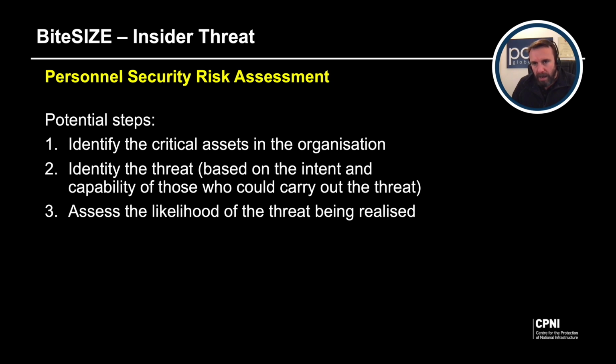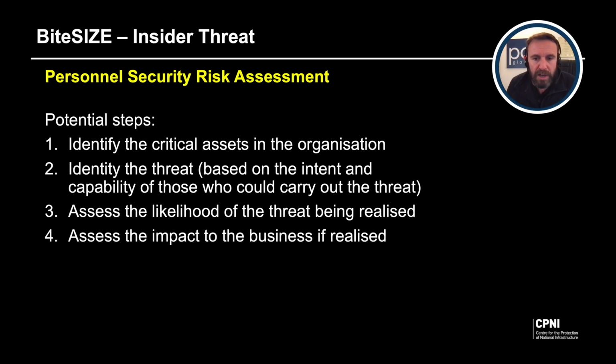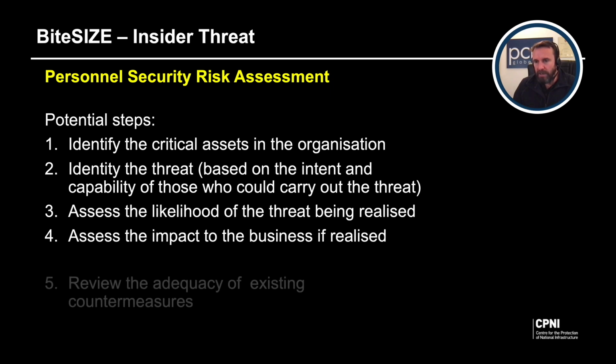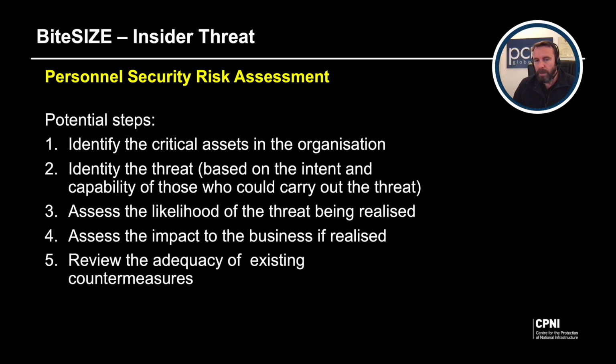Once we've identified the threat, we assess the likelihood. We're back to that likelihood, and we're looking at the consequences, which is assessing the impact to the business if that threat is realised. We then need to review the adequacy of our existing countermeasures.